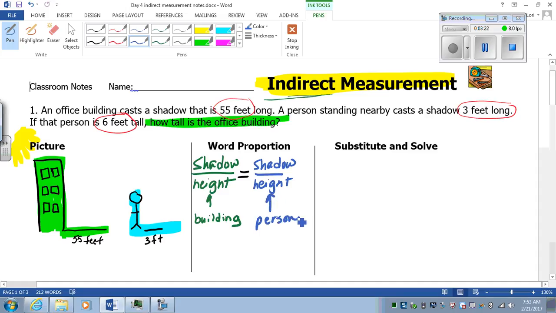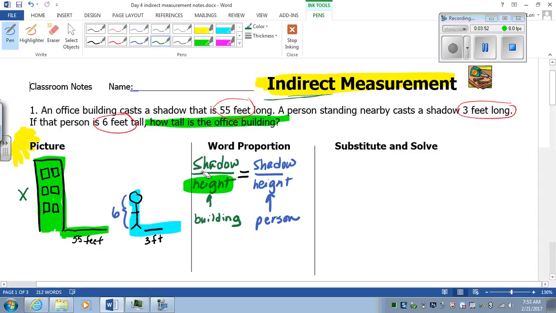Let's fill in the height of the person. The height of the person is 6 feet tall. What we don't know is the height of the office building. So that's going to be our x, or what we're looking for to solve. In our word proportion, we can see that the height of the building is going to be this slot in the proportion.